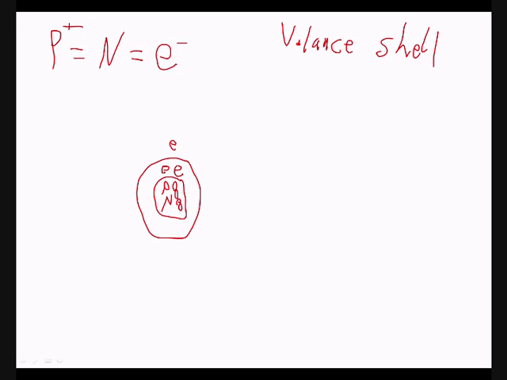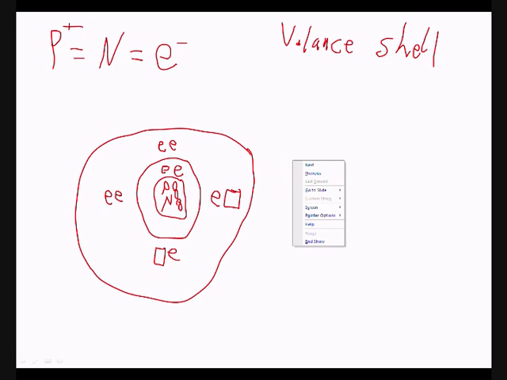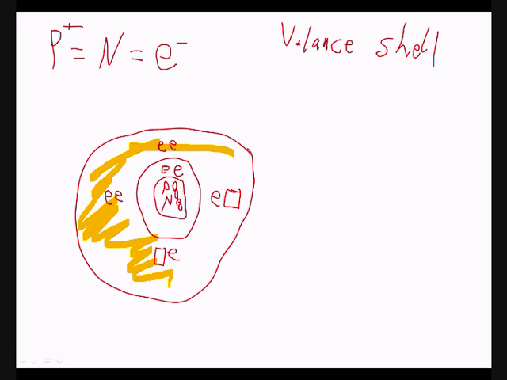So we do 1, 2, 3, 4. That's 2 plus 4, 6 so far. Now we need to add 2 more. 1, 2. And we have an empty space here and an empty space here. So this right now, let me highlight this, is the valence shell.